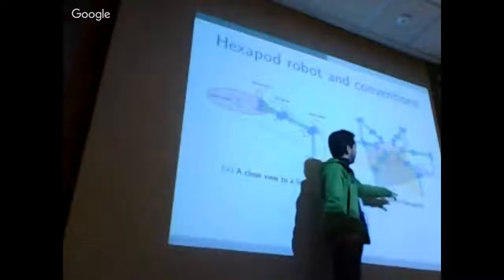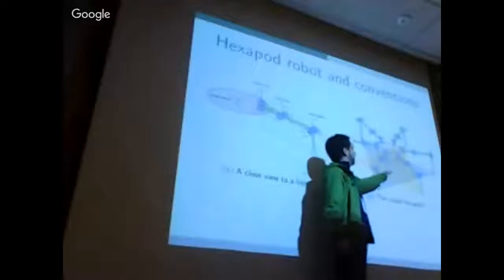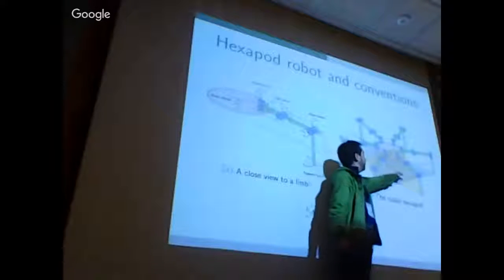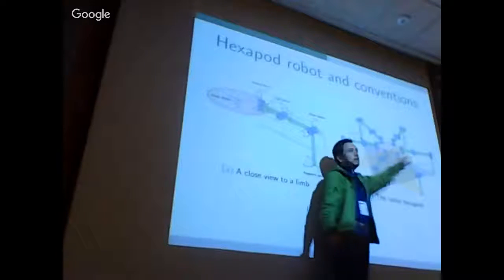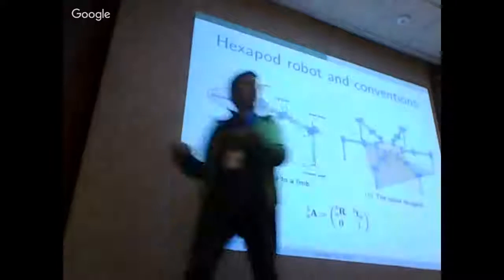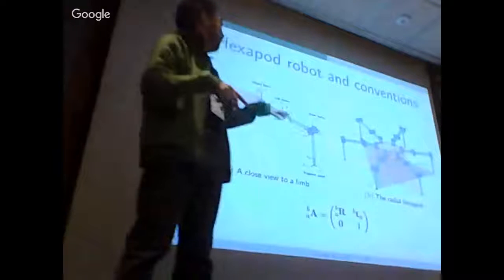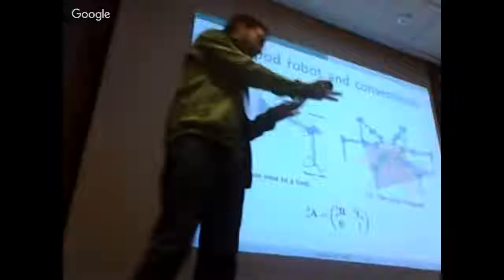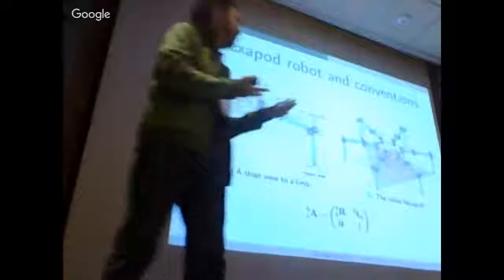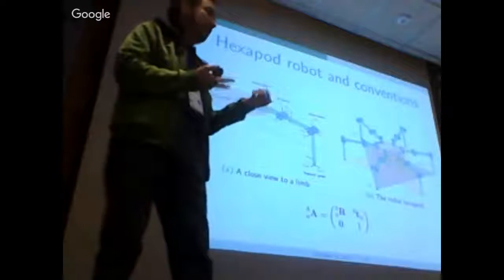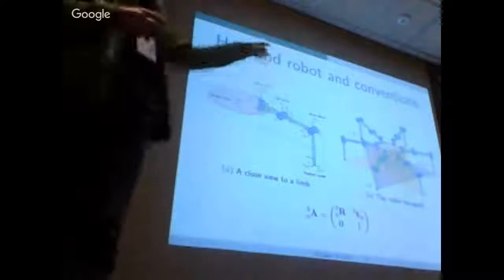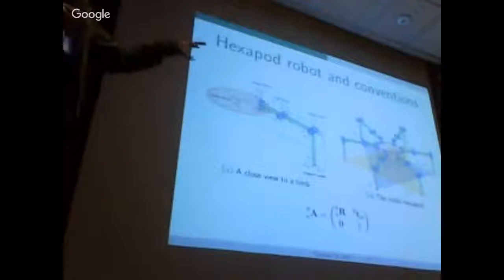To each of the subsets, we attach a reference frame that defines the position of the given leg and the foot with respect to the center of mass. By changing each of the positions with respect to the center of mass, the subsets change their position with respect to the center of mass just by changing this convention.